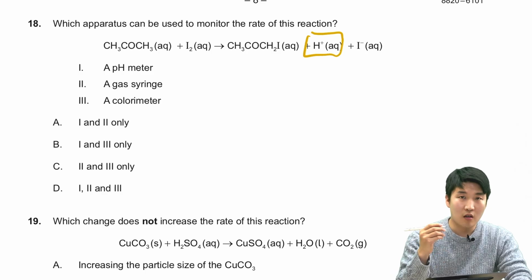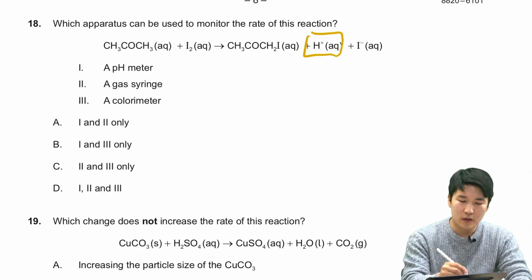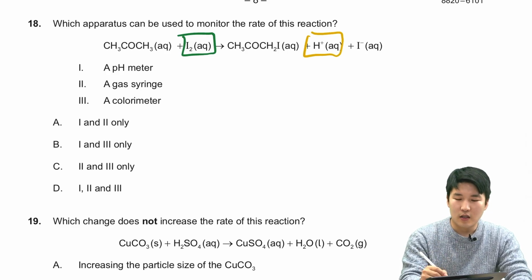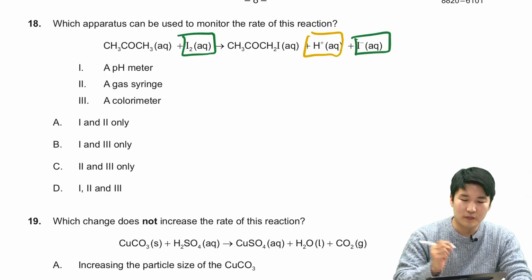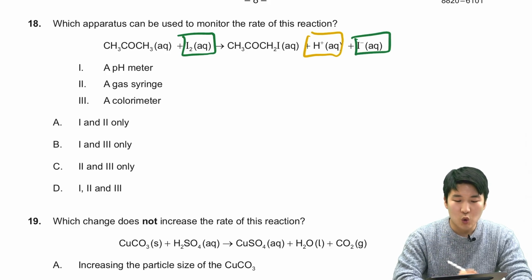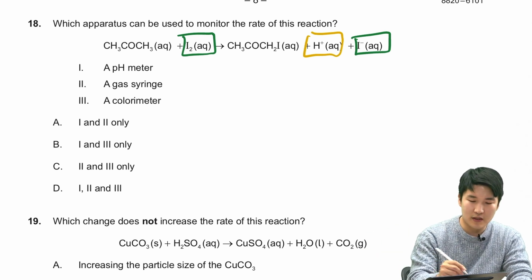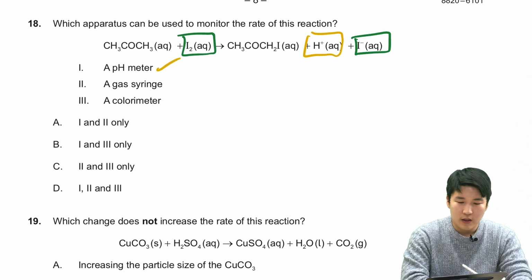We also have color difference between aqueous iodine, purple, and aqueous iodide, colorless. So pH meter will be a suitable monitoring method, because products will be more acidic. So yes, pH meter would work.